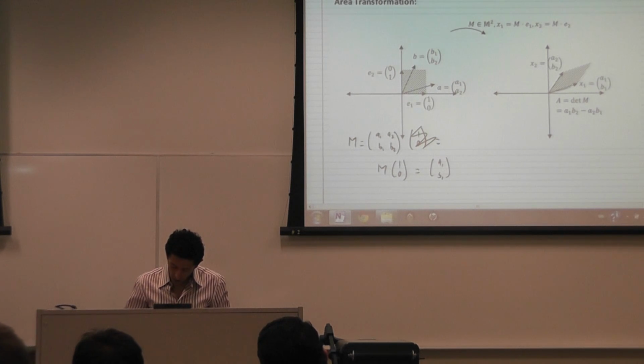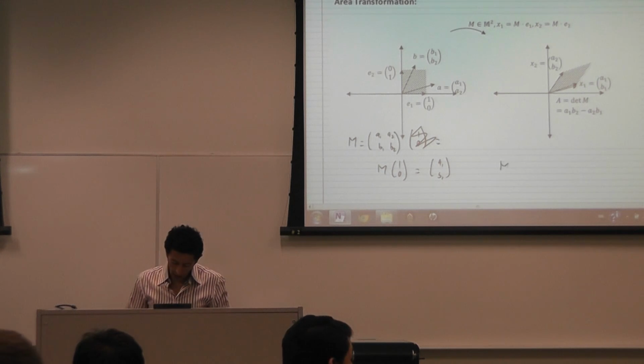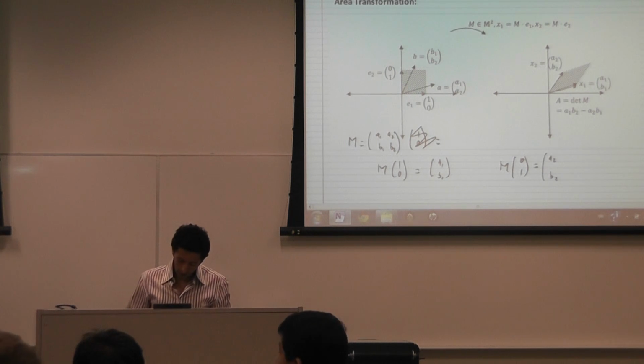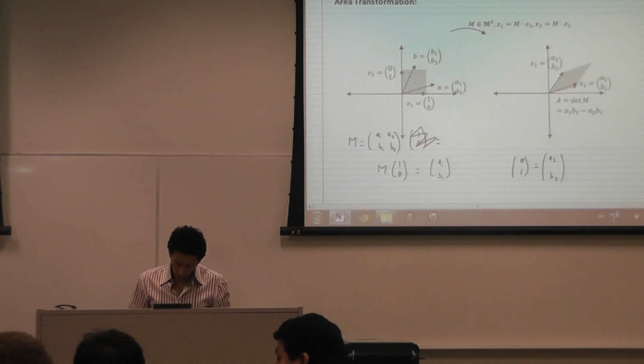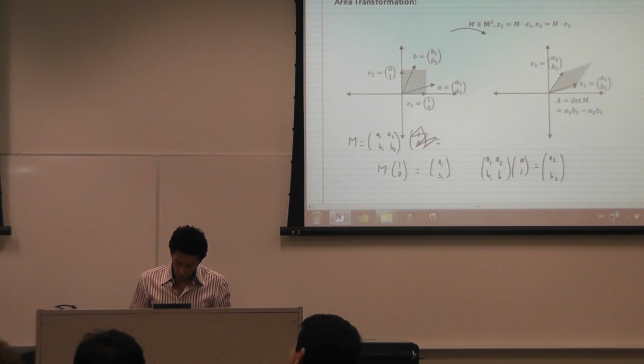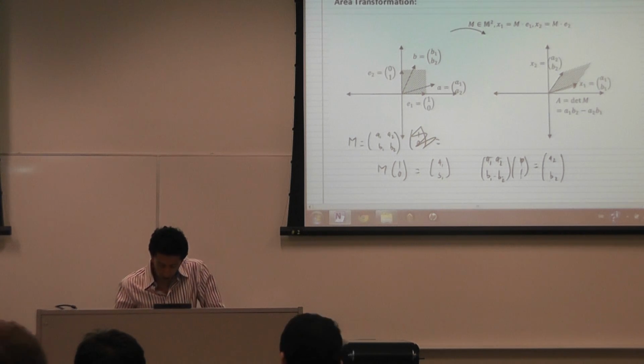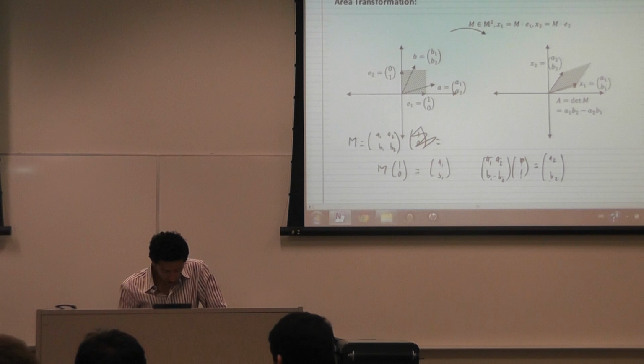So I get this vector X1. When I multiply M by 0, 1, I get the vector A2, B2. Let's just put it here. So I get the vector X2. Let's call this X1. Let's call this X2.